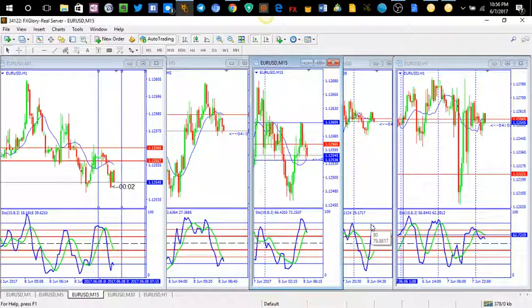So we have this back and forth going on because the 15 is ready to sell, and the 30 minute isn't. So we want to see this 30 minute chart weaken a little bit, and then we can go from there.